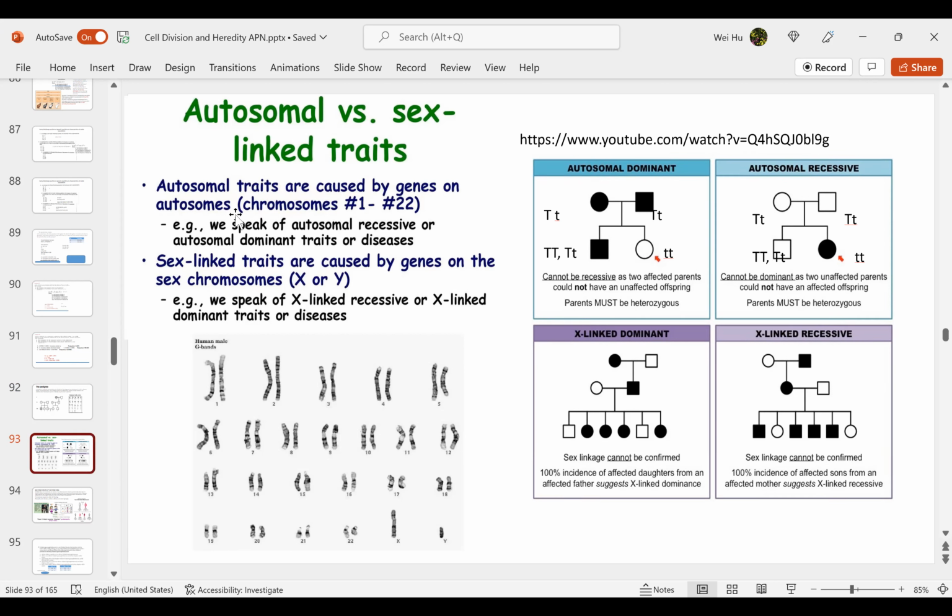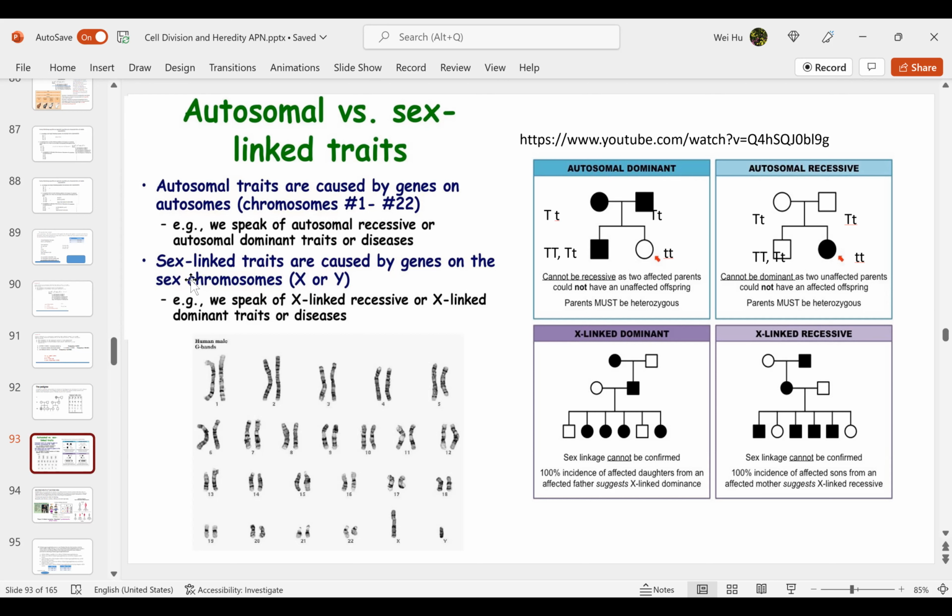So for instance, here you have a gene located on number 2. This belongs to autosomal. If you have a disease, it is called autosomal disease. You can also have a dominant one or a recessive one.